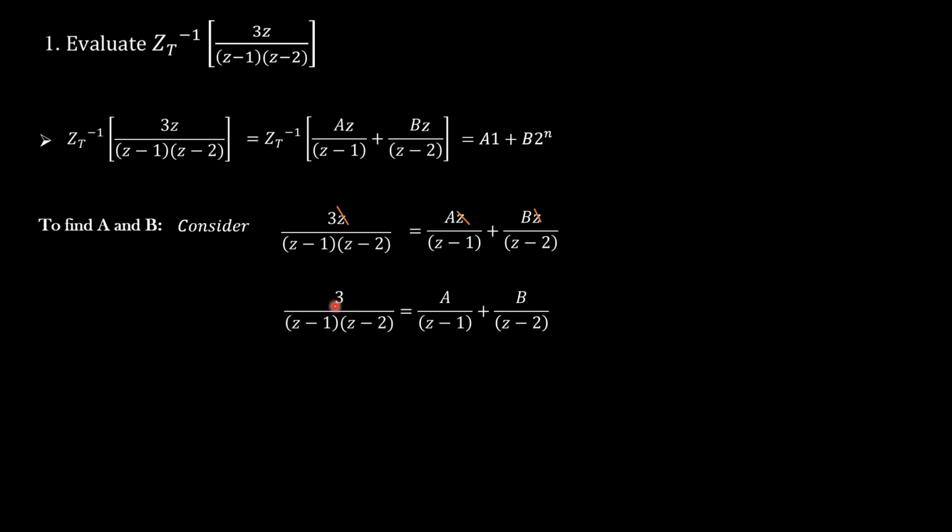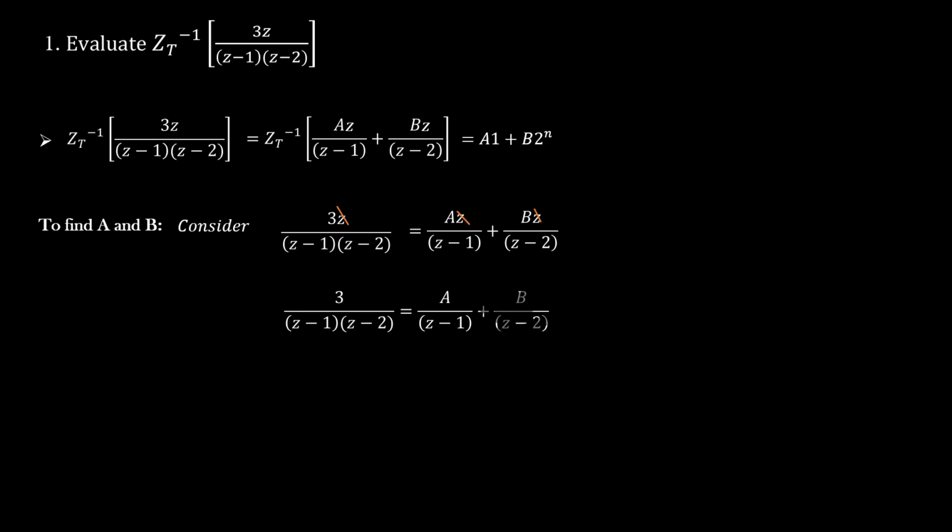Now it will turn into a partial fraction method. Now we have to find A and B values. To get A, consider 3 divided by (z minus 1)(z minus 2) equal to A divided by (z minus 1).